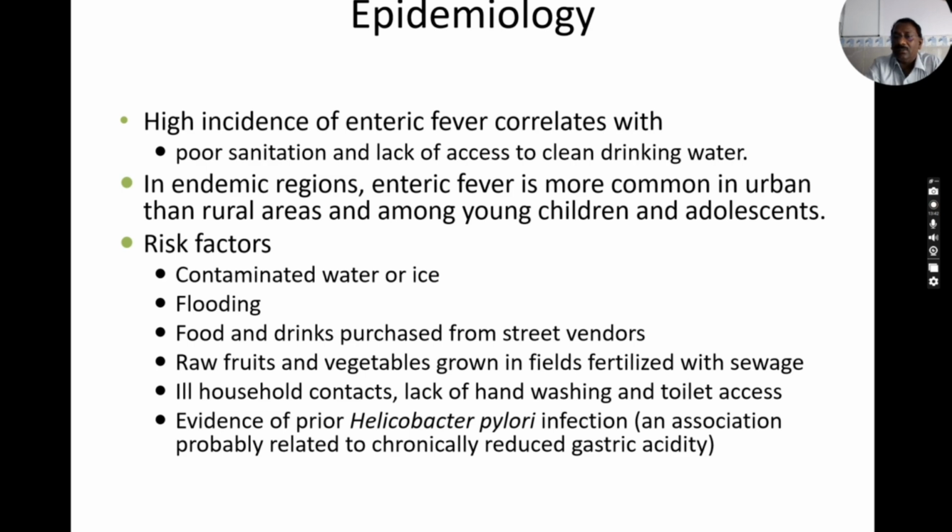So naturally it reaches the small intestine or distal ileum, and then attacks the mucosa and then the submucosa, and then finally the lymphoid tissues, or lymphatic spread to your lymph nodes, the spleen, the liver, the gallbladder and the bone marrow.